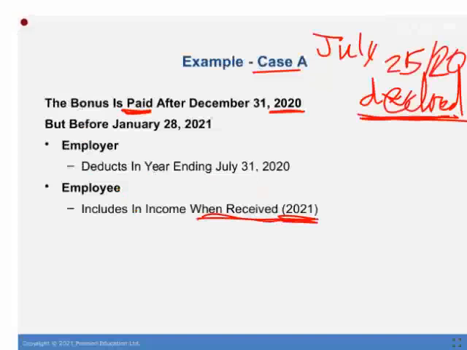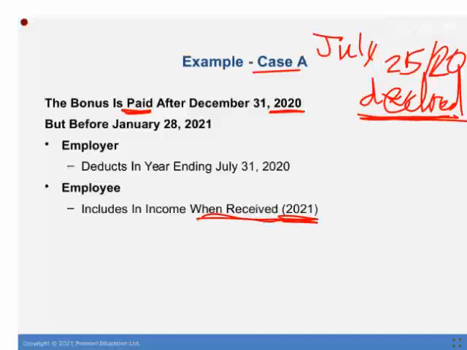If you look at that chart, you'll see what is called a standard bonus. A standard bonus is one that is paid within 180 days of the employer's business year end. In that case, the employer deducts it when it's declared, and the employee includes it in their taxes when it's received.